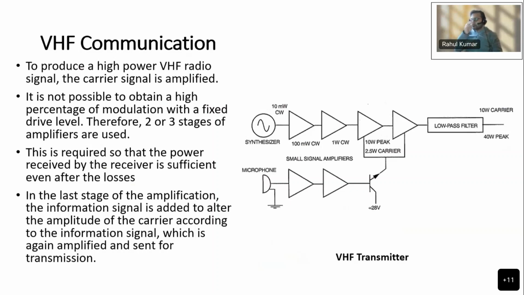Now, we have talked about the VHF receivers. Now, to produce a high power VHF radio signal or to use it as a transmitter, we need a carrier signal, right?